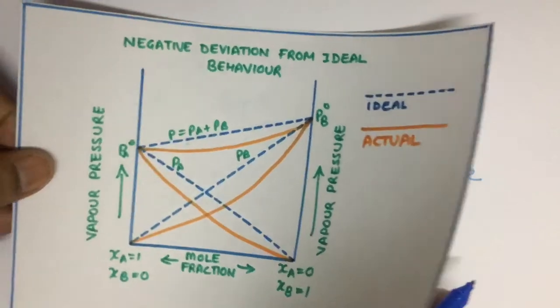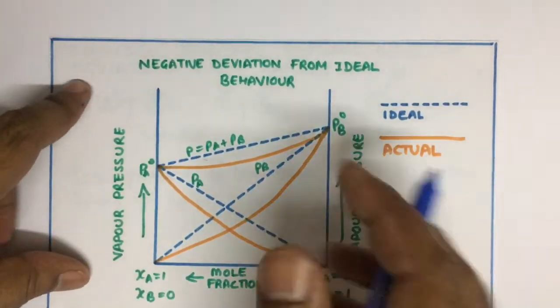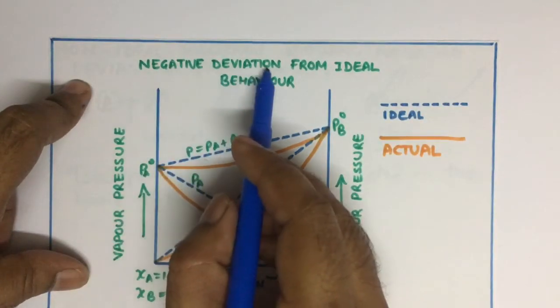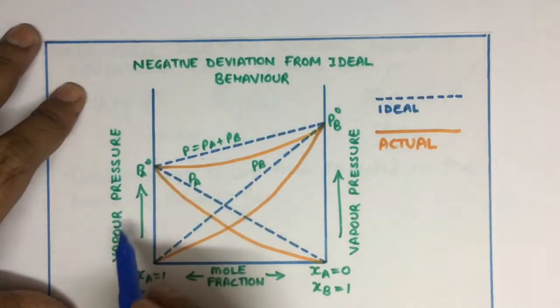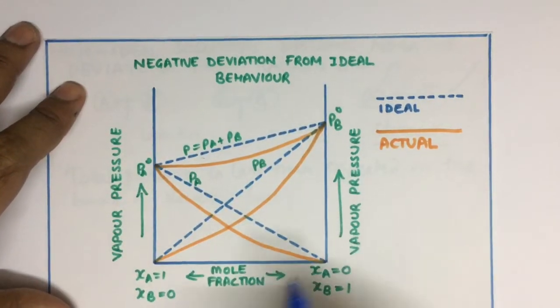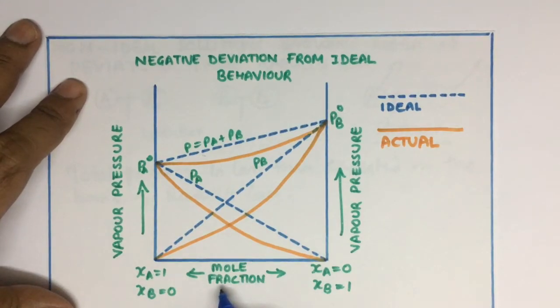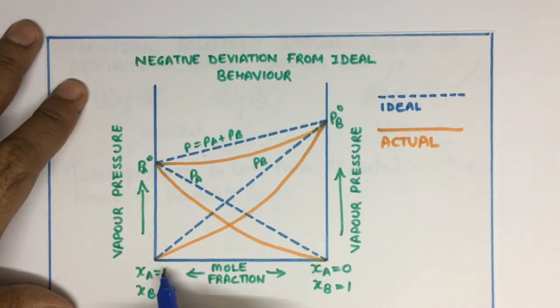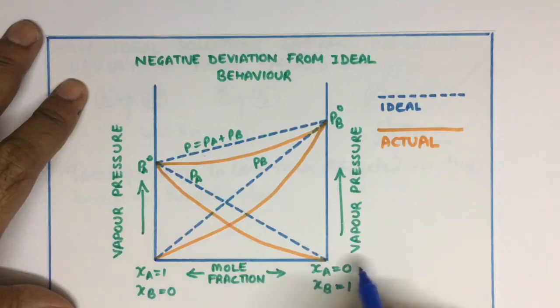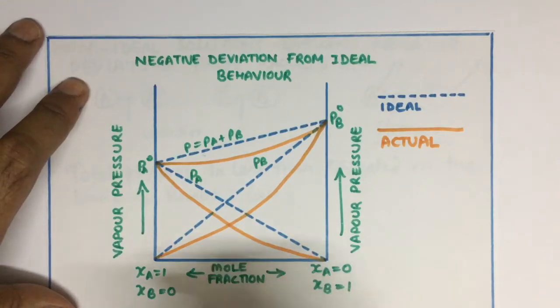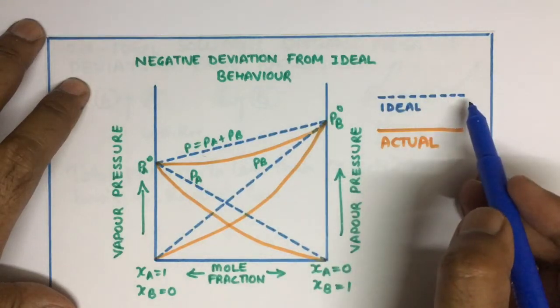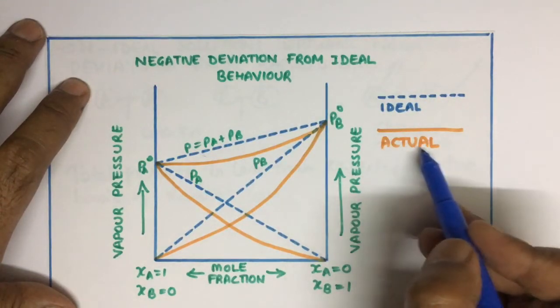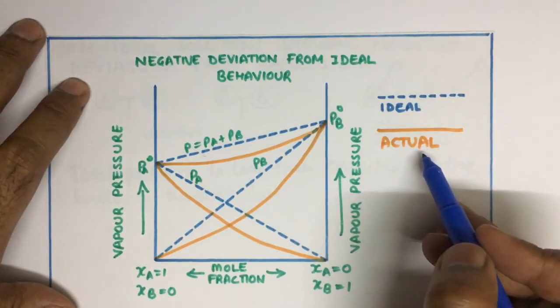Let us explain with the help of a graph. Now this is the negative deviation from ideal behavior. On this side there is vapor pressure, and on this side there is mole fraction of each component. XA is equal to 1, XB 0, XA 0, XB 1. This dotted blue line is the ideal behavior and the orange line is the actual behavior.